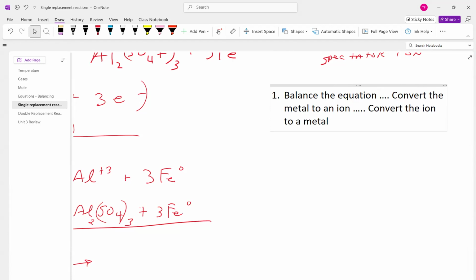And then, okay, convert the metal to an ion. So you look on your activity chart and find the metal. It'll tell you the ion. And then convert the ion to a metal.